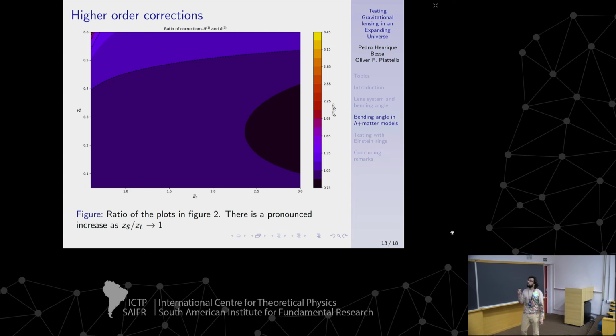So there is an effect of the same order when you take into account lambda plus matter cosmology instead of purely lambda cosmology. That is, it is important to take into account the transition redshift and the transition age when you're integrating over the line of sight. And especially when you have more or less ZS over ZL going to 1, that is, the closer we get the source to the lens, the higher this correction is.